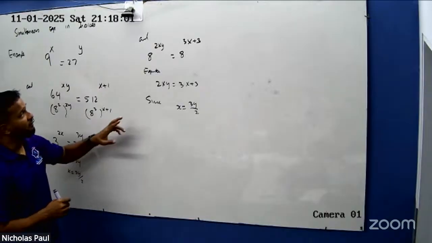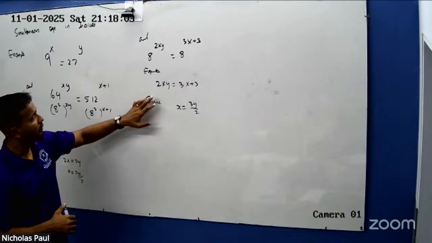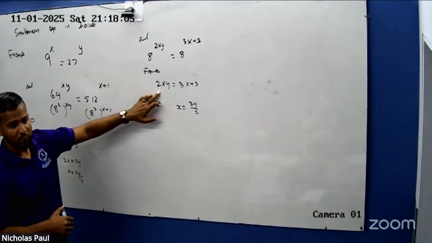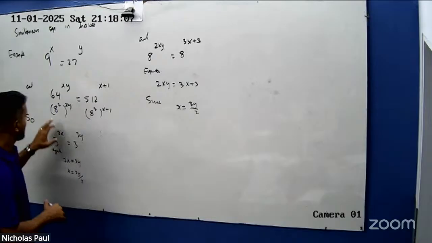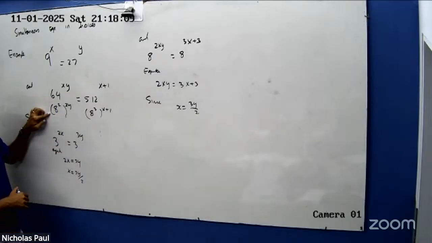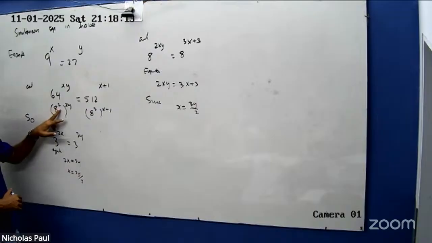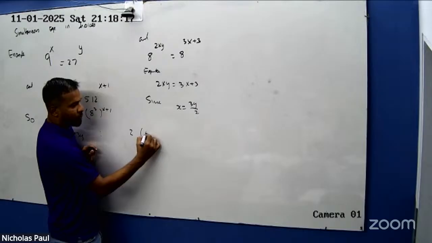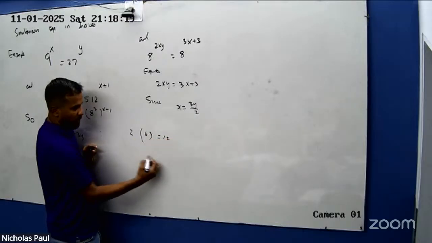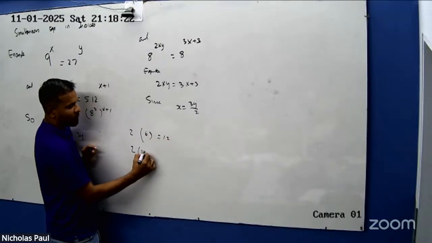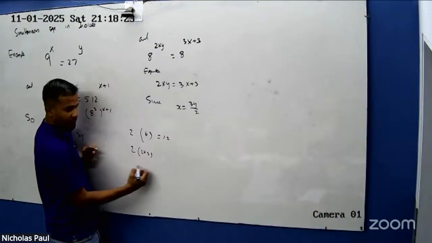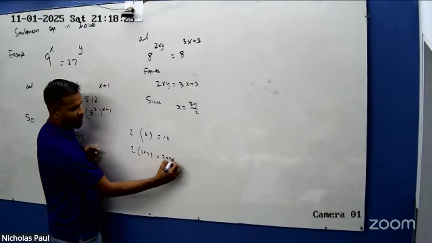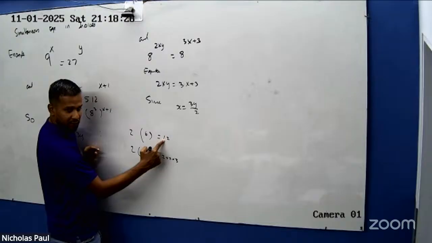Yeah, because I had it here already. All right, so think about this. What is 2 by 6? So what is 2 by 3? Is it 12?